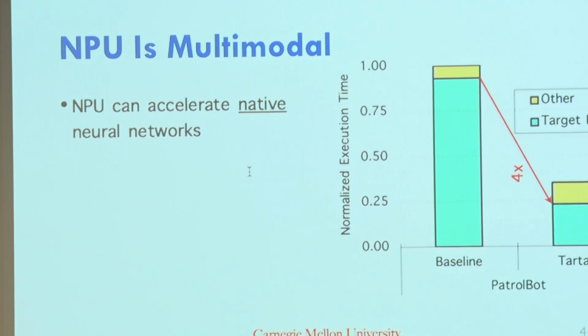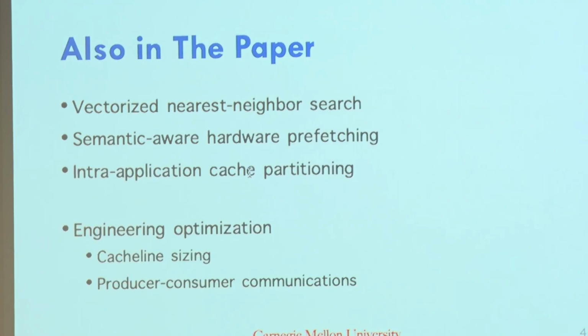And MPU is multi-modal, which means that it can execute native neural networks. So in QUETZAL we have object detection using convolutional neural networks, which is a native model, not a replaced approximate model, and MPU is able to accelerate it by some 4x.